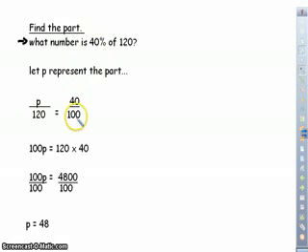So we write 40 over 100. Solve algebraically, cross multiplying to where we get 100 times P equals 120 times 40, which is 4,800. And then 100P equals 4,800, dividing them both by 100 because of the number with the variable, giving you 48.